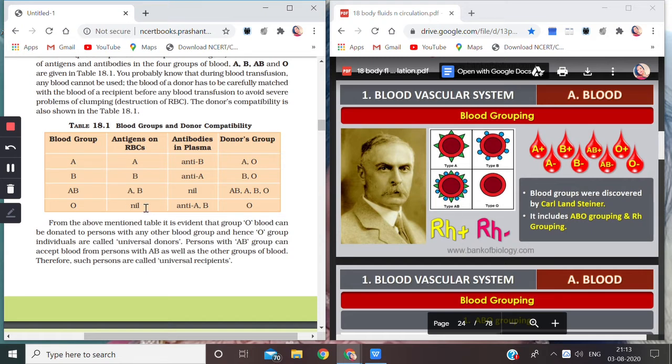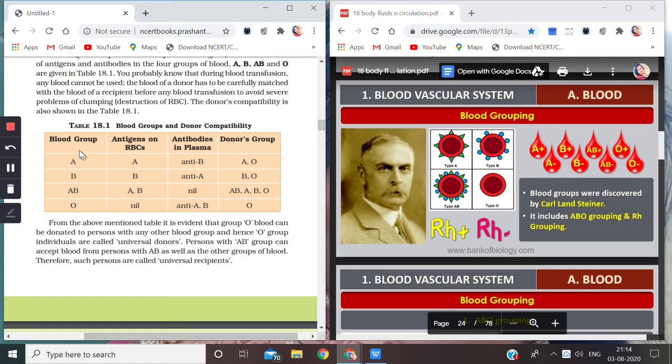Now children, to explain this, let me give you one example. Suppose a person has an accident, a road accident, and loses a lot of blood. He was brought to the hospital and the doctors want to give him blood immediately.